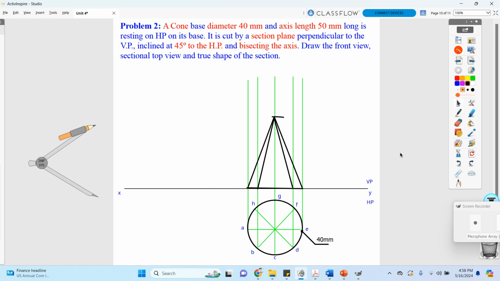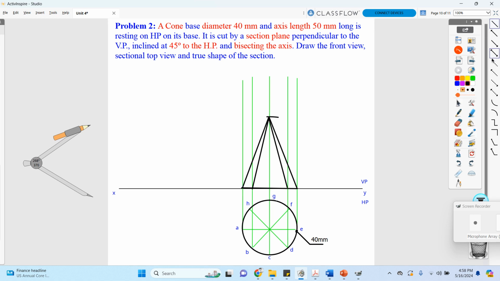So in your question they have provided how much? 45 degrees as your cutting angle. Okay, so in your question, what is the length of this cone?